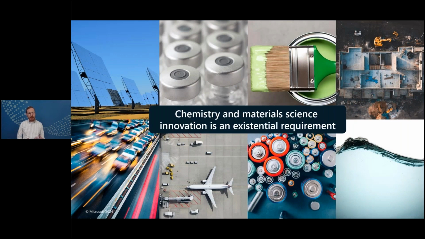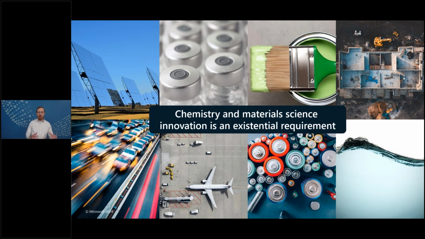Okay, so why is Microsoft here talking to the real side of chemistry? Well, this is a question I get often. Why does Microsoft care about this? Because people think about Microsoft as being the Office 365 company, right? The Windows operating system company. Well, Microsoft's vision as a company is to empower every person and every organization on the planet to achieve more, to do more. And so we recognize that the world has a lot of really pressing challenges, such as energy security, food insecurity, all of these kinds of things.